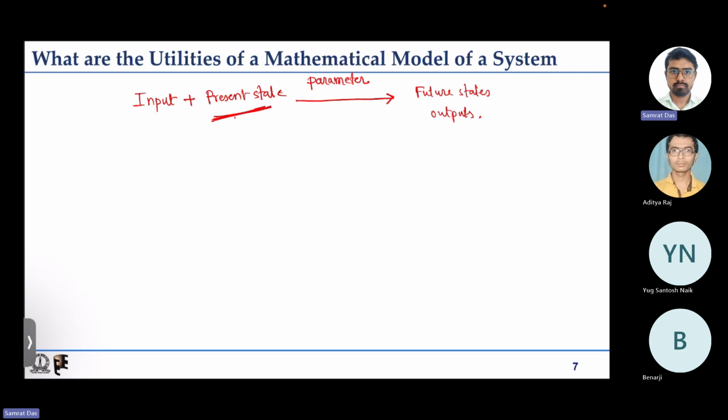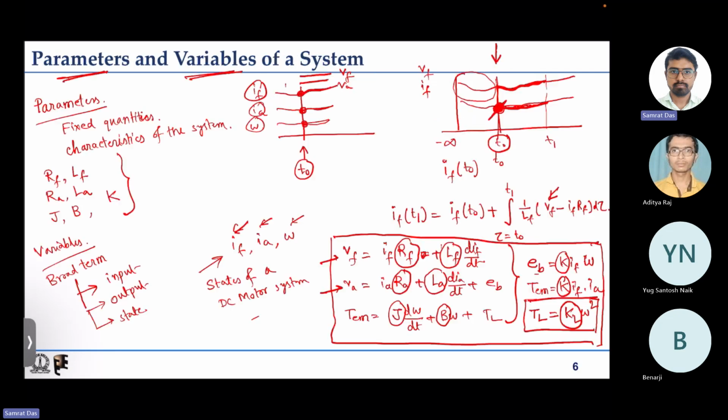And with the future input and the information of the parameters, you will be able to tell what the future states and future outputs are going to be.